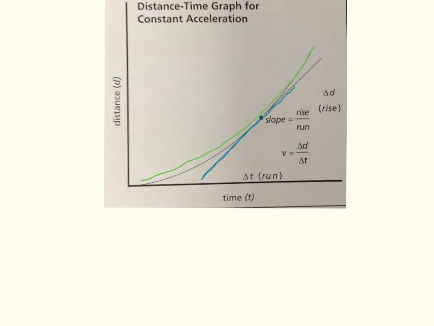The tangent line is a line that touches the curve in only one spot. We can find the slope by taking the rise, which is the change in position or distance traveled, and the run, which is the change in the time, and we can figure out what the velocity is, just like we've done before. You're finding the instantaneous velocity this time, the velocity at that specific point.